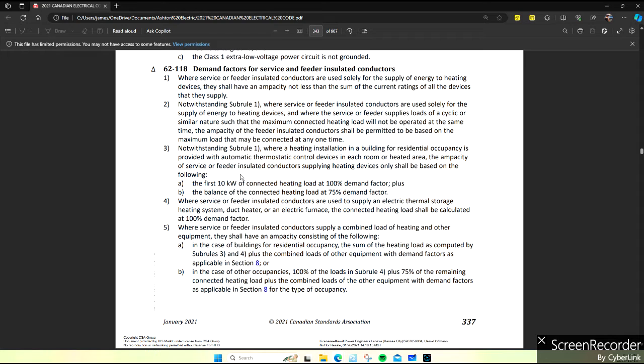That is true if you had just, say, an electric furnace that was controlled by a thermostat somewhere in the residence, one thermostat. But when you have individual thermostats or heating control in each heated area, this can kick in. And it says the first 10,000 watts of connected heating load, you put that in as 100%. Plus, the balance of the connected heating load would be at 75%.